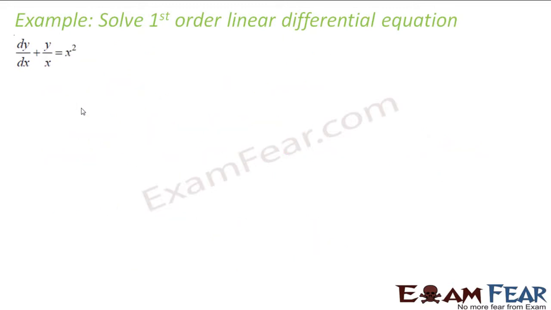Let's take one example. dy by dx plus y by x is equal to x square. If you compare this with the equation dy by dx plus p into y is equal to q, you get p is equal to 1 by x and q as x square. Correct?